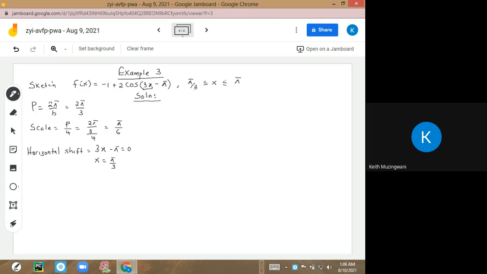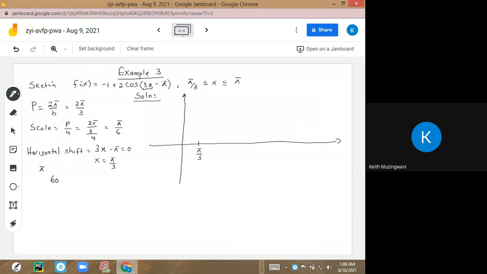So once we have a horizontal shift, we can start sketching. So we'll start from pi over 3. Then we add the scale. So what is pi over 3? We know pi over 3 is 60.